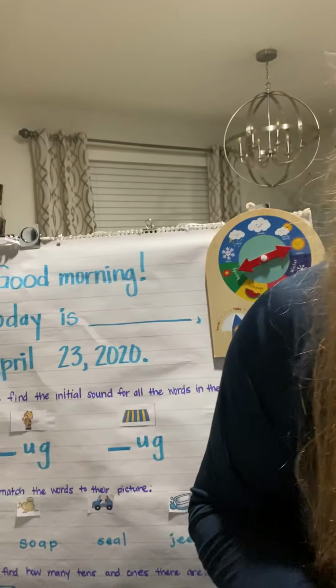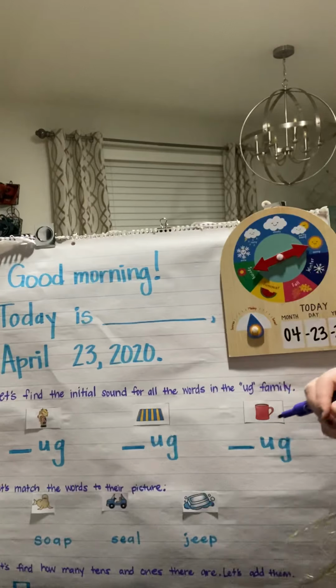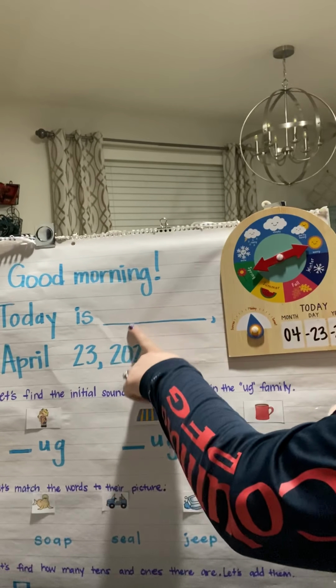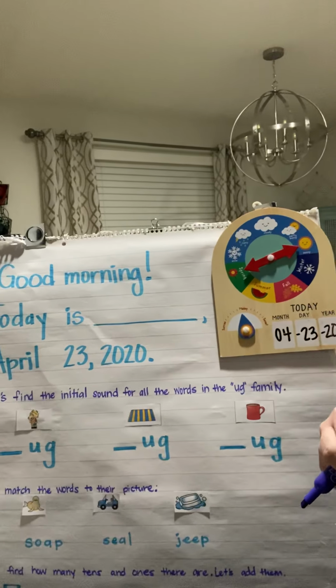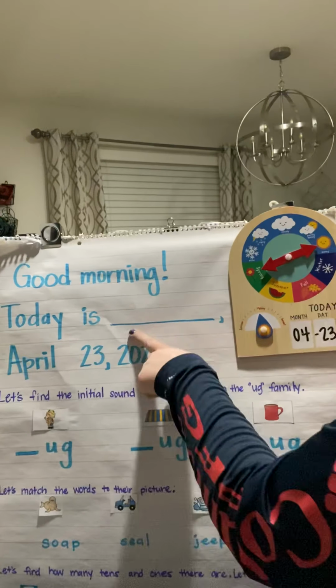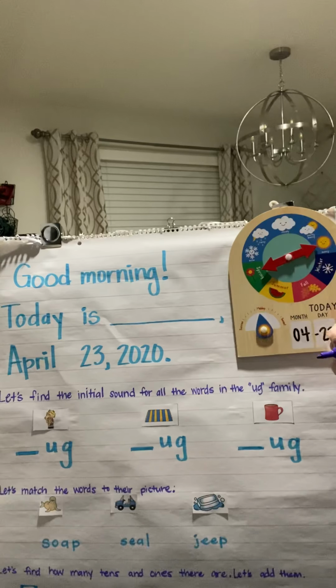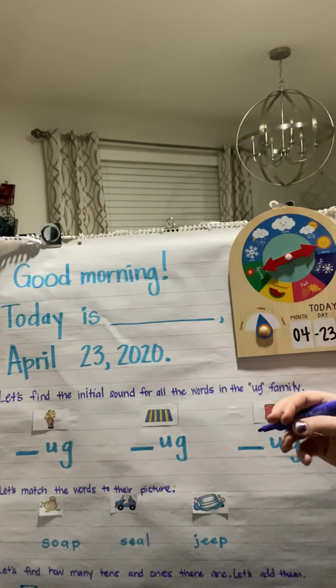All right, so let's go ahead and take a peek at what today is. It says, good morning! Today, let me slide this over just a tiny bit. There we go. Today is, and what day did I just say? It's not Fun Friday, but it is our Fun Friday this week. Yesterday was Wednesday, right?